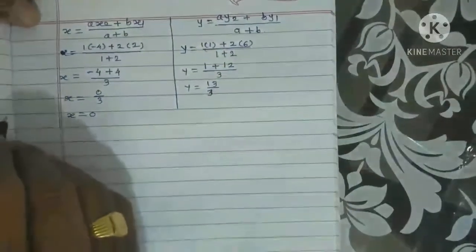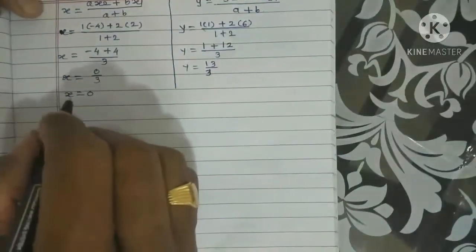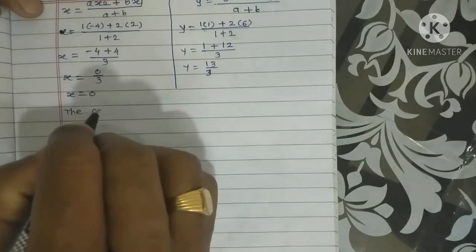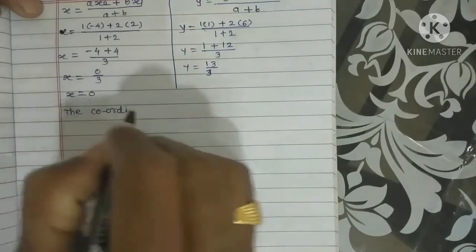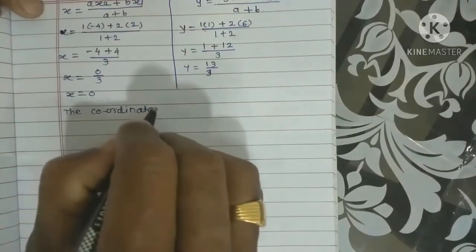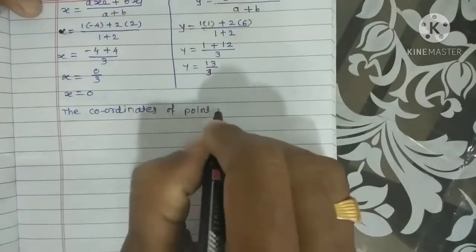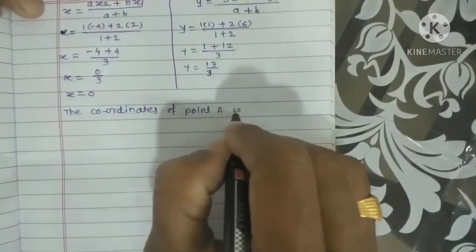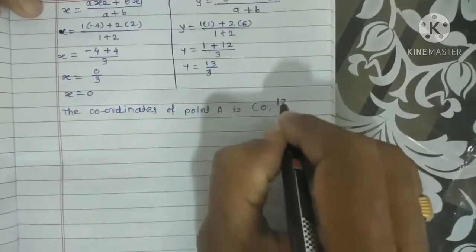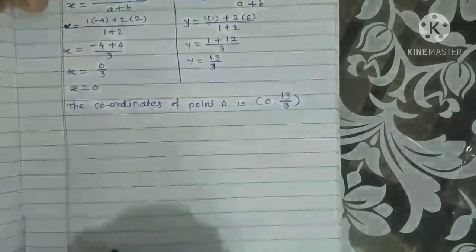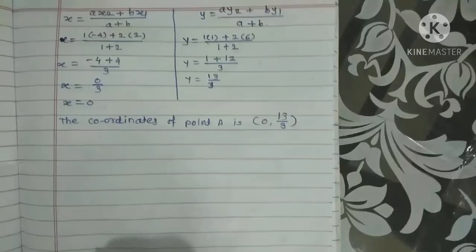Hence the coordinates of point A are (0, 13/3). In this way this example is finished.